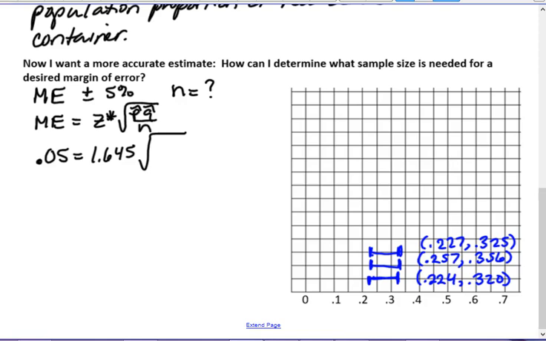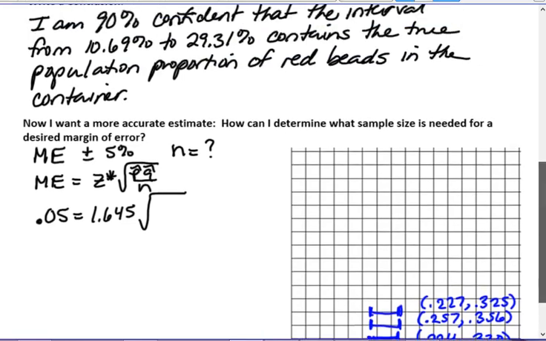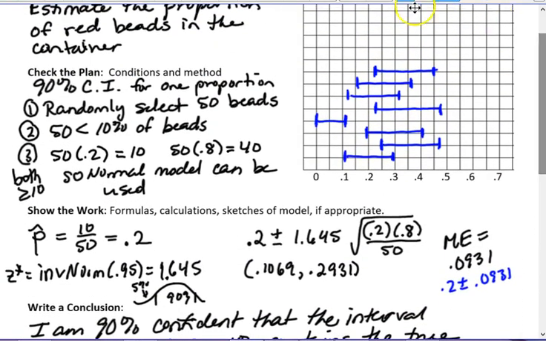Well, the fact is I do know some things about that population. When we did our class intervals, we all took samples of size 50 and we made an interval. These are the intervals we got.